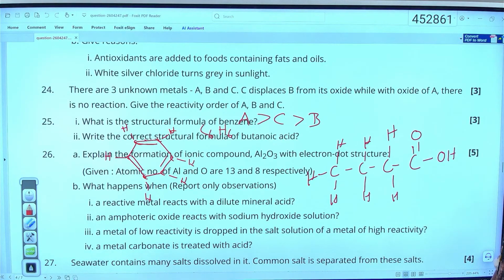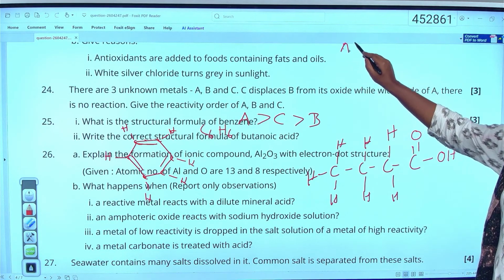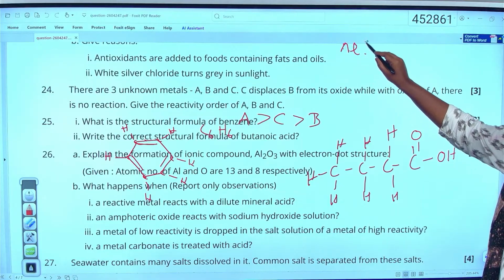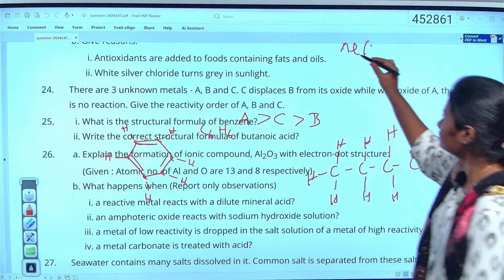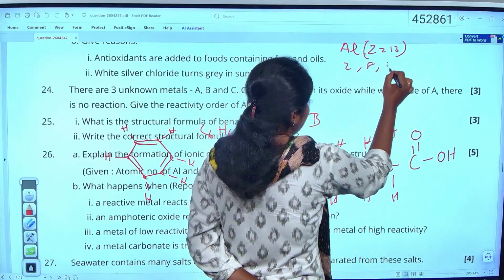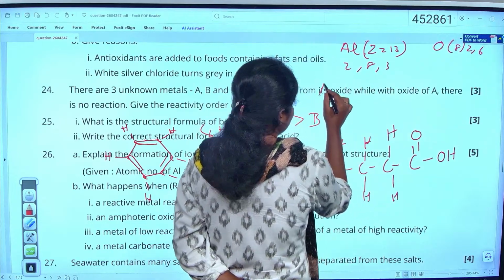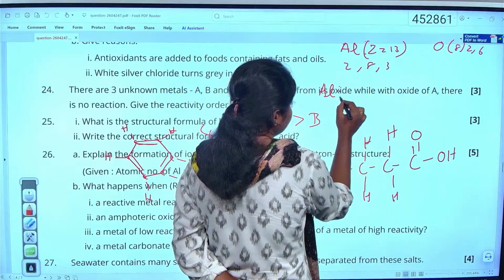Explain the formation of ionic compound Al2O3 with electron dot structure. Aluminium's atomic number was 13, so 2, 8, 3. Oxygen is 8, so 2, 6. So the aluminium symbol will be drawn three times: 1, 2, 3.